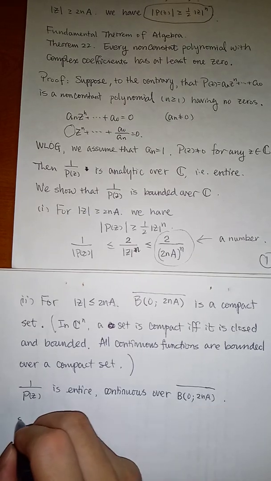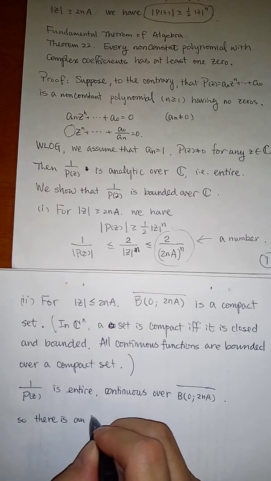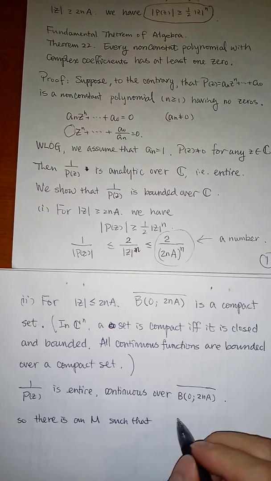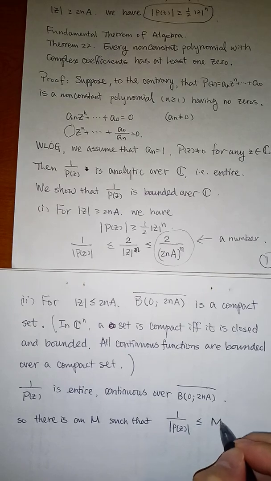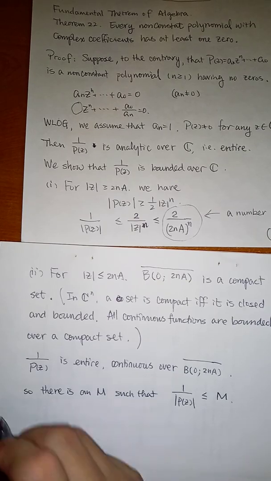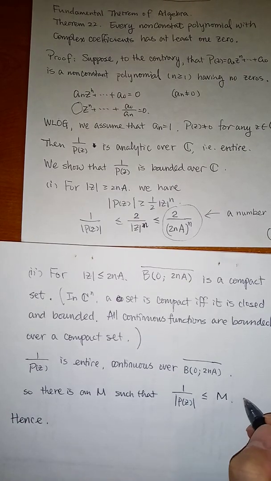So there is an M such that the absolute value of 1 over p of z is less than or equal to M for all z in this closed ball.